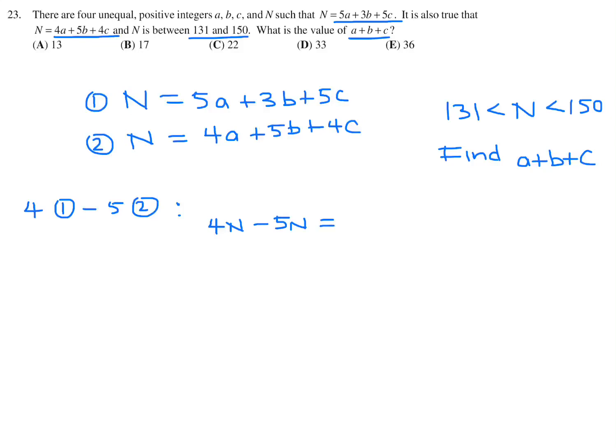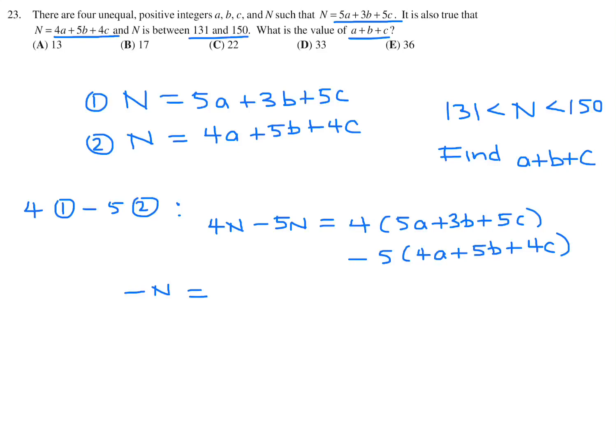And on the right side, I'll have 4 times (5a plus 3b plus 5c) minus 5 times (4a plus 5b plus 4c), like that. So this gives you minus n, and this gives me 20a plus 12b plus 20c minus 20a minus 25b minus 20c.